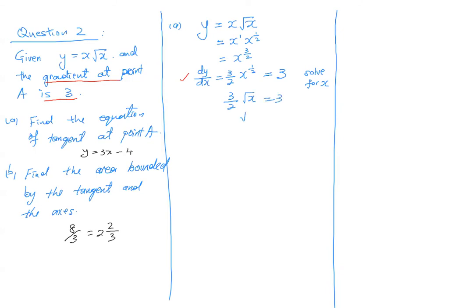So square root of x, this is divided by 2, so bring over times 2. Then times 3, bring over divide by 3. So you simplify. So square root, you bring over, it becomes square. You see? So that's why the answer is 4. So this is the x coordinate for A.